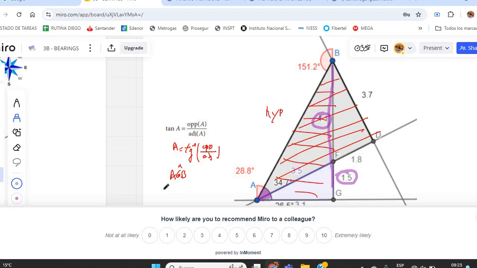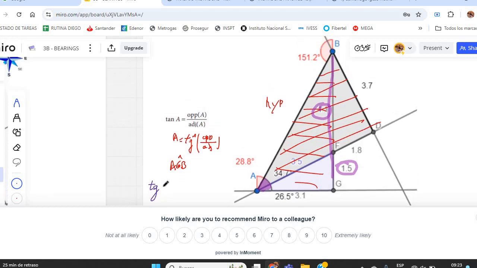So the tangent of angle BAG equals the opposite, that is 4.1 plus 1.5, divided by the adjacent. Which is the value of the adjacent? This is the value of the adjacent, that is 3.1.